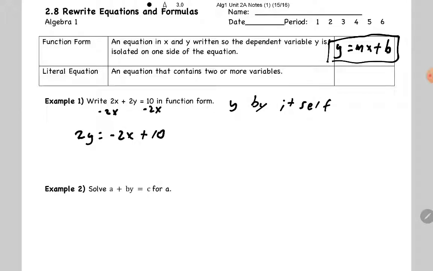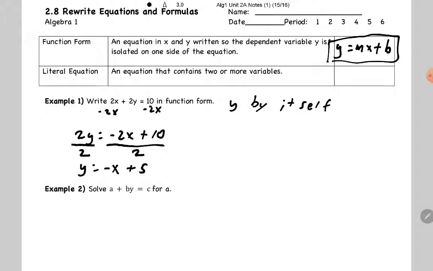Okay, next I'm going to divide everything. So I'm trying to get y by itself, so 2 is being multiplied by y, so I'm going to divide everything. If I divide the left by 2, I'm going to divide the whole right side by 2. So that means y equals negative 2 divided by 2, which is negative 1x, and then 10 divided by 2, so that's plus 5.